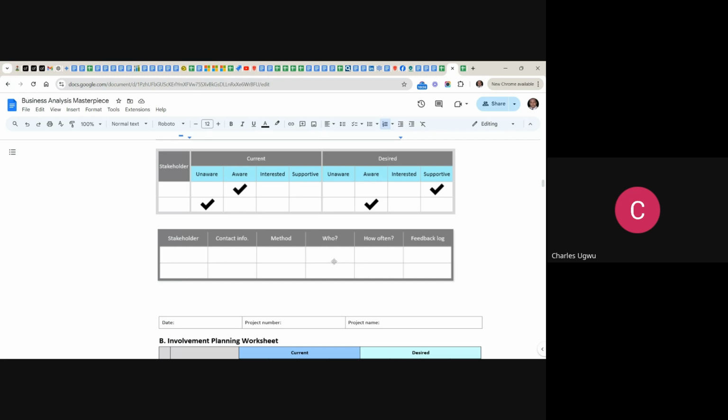You must know. And how often must a particular stakeholder be communicated with? You can say once in a week, like status reports. Some stakeholders, they don't want you calling them all the time, in the morning, you call them or you send them email, they don't want that.